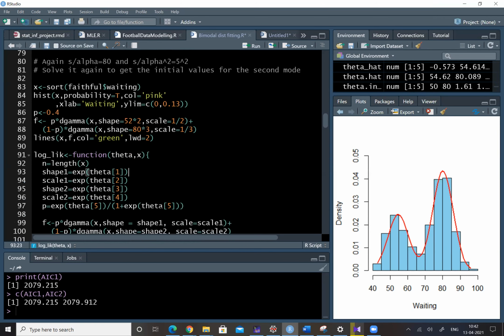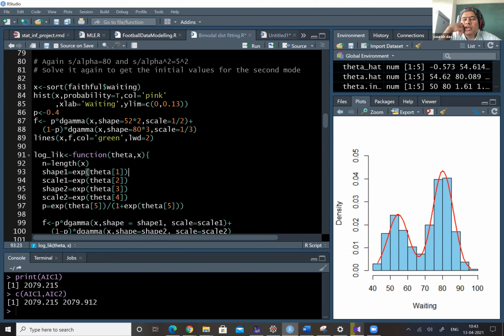Sir, it has to do with the skewness. When we are using the mixture distribution, we are cutting off a lot of the tail portion of the gamma distribution, so it does not fit well. Not really.